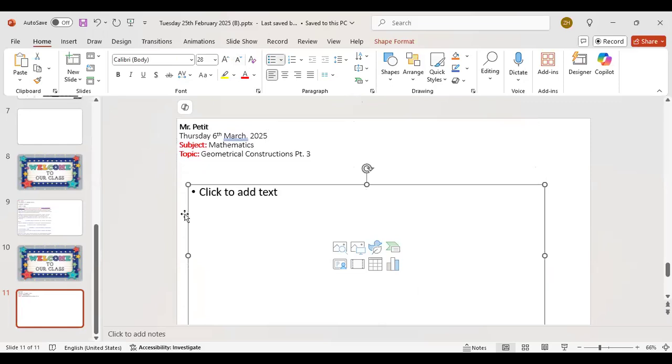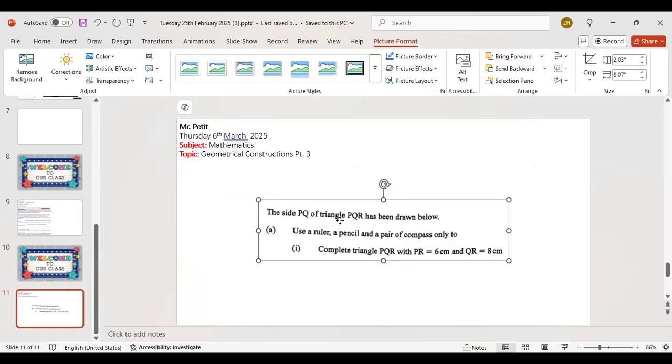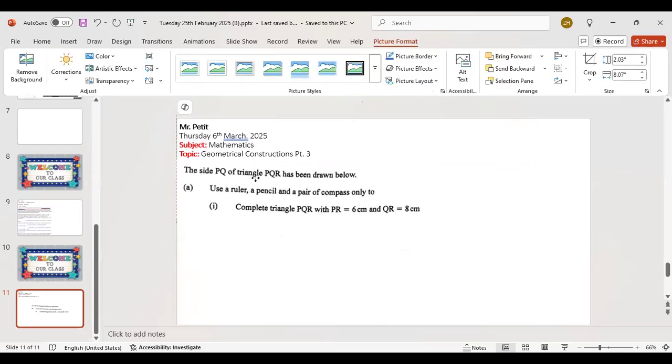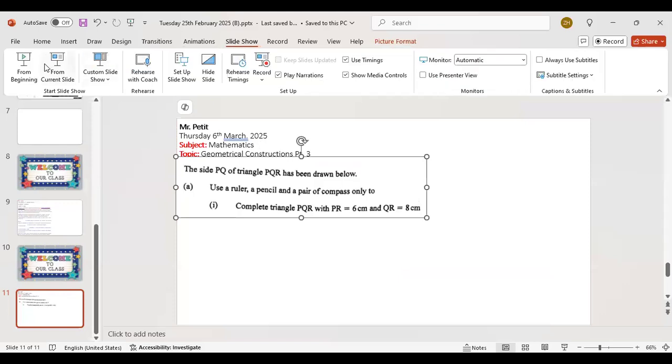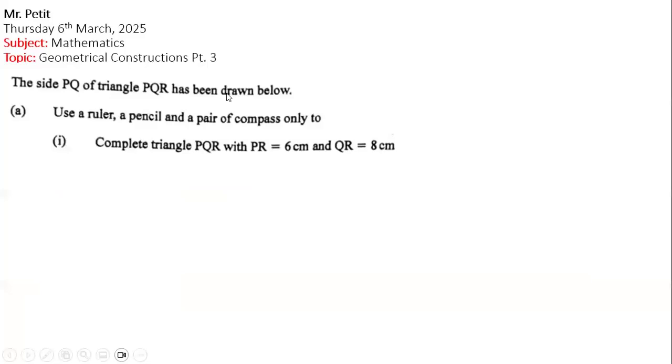So the first question says, write this down for me, please. The side PQ of the triangle PQR has been drawn below.